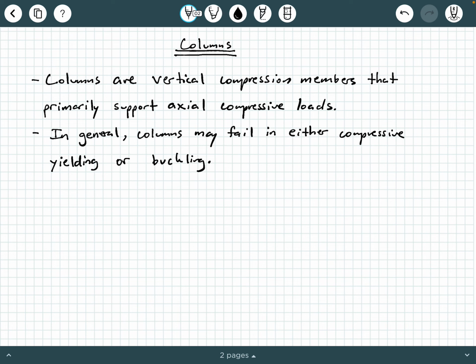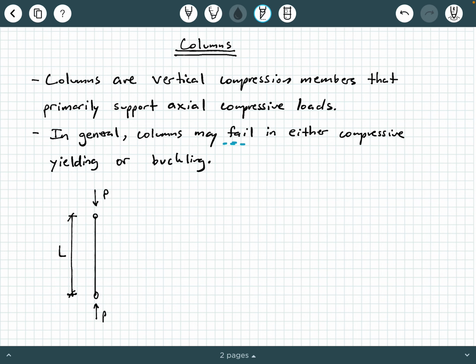When we say columns are vertical compression members, what we mean is we have a member here that is somehow restrained at its ends, and it's supporting an axial load that is causing it to compress, okay? So let's say that this column has a length of L, and it's supporting a load P along its axis, okay? So that's what we mean by vertical compression members, okay?